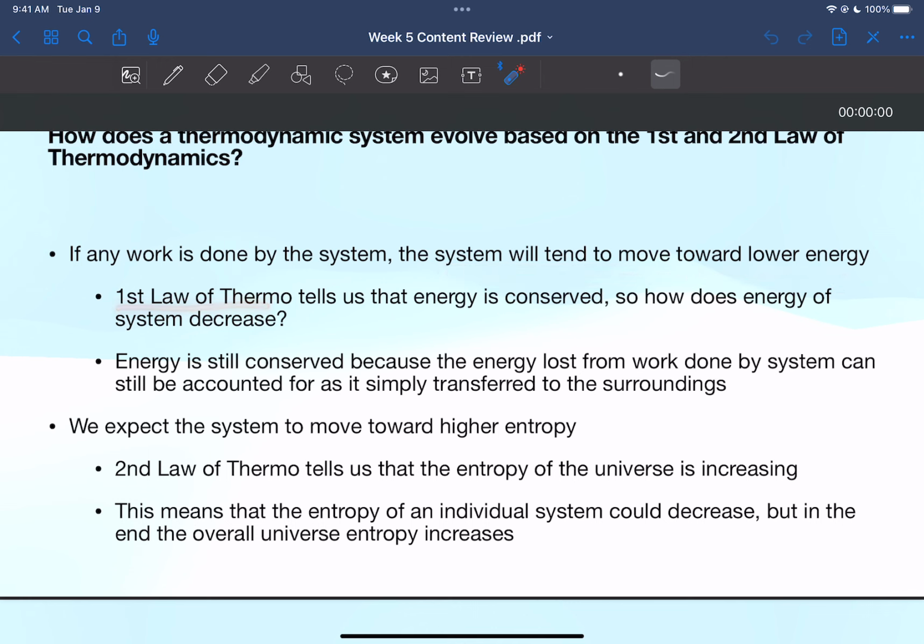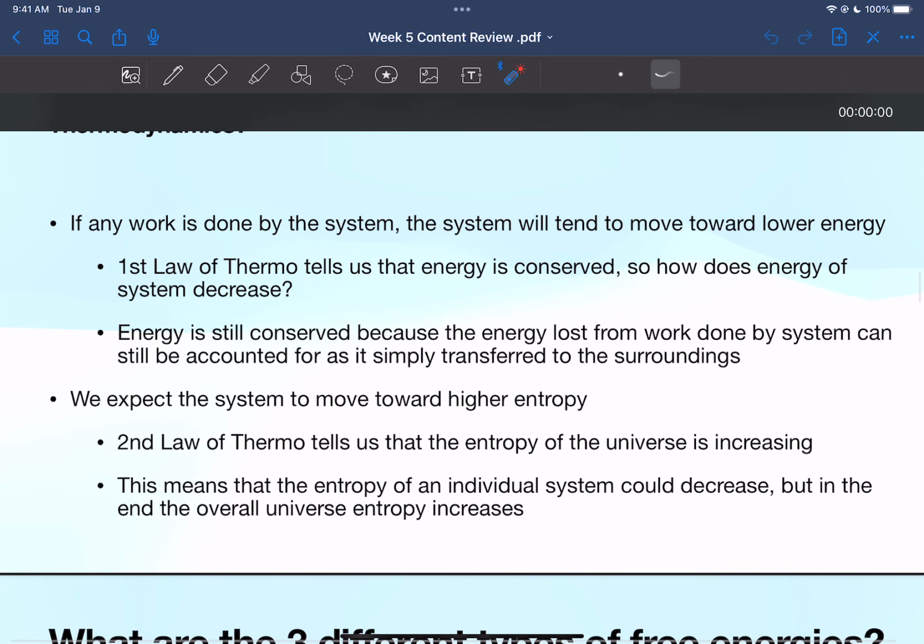The first law of thermodynamics tells us that energy is conserved then, right? Remember the first law, that energy cannot be created or destroyed, it can only be transferred, right? So if energy is conserved, and a system can do work and transfer that energy in the form of work to the environment, then how does the energy of the system technically decrease? How do we maintain conservation of energy if the system does work and loses that energy to the environment?